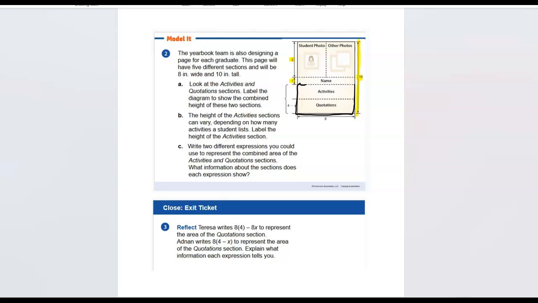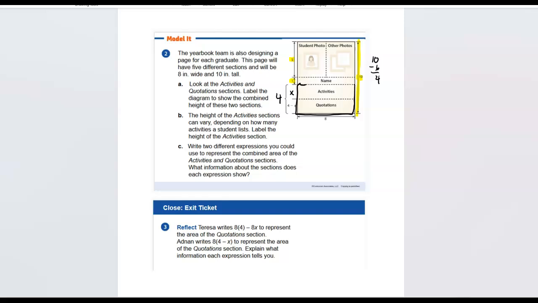So how much is left? To figure that out, let's do 10 minus 6, 4. So this remaining height is 4, right? So if the quotations part is 4 minus x, that total thing minus x, then the activities section simply has to be x. It's a variable that we don't know. That height literally varies depending on how many activities the student puts in that section.